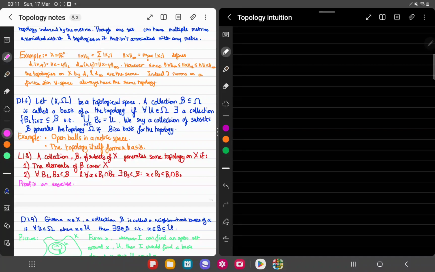We say a collection of subsets, fancy B, generates the topology Omega if this fancy B is a basis for the topology.